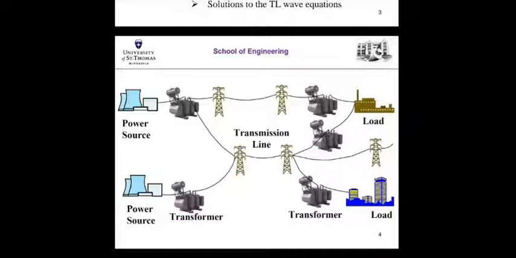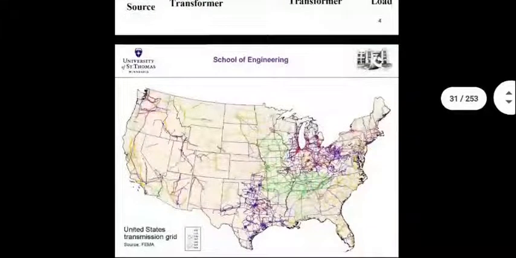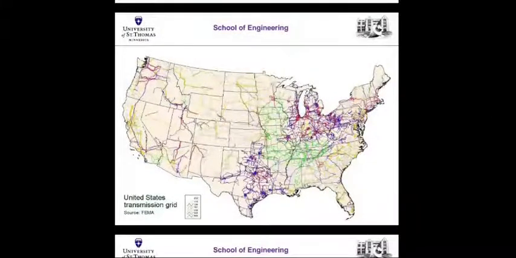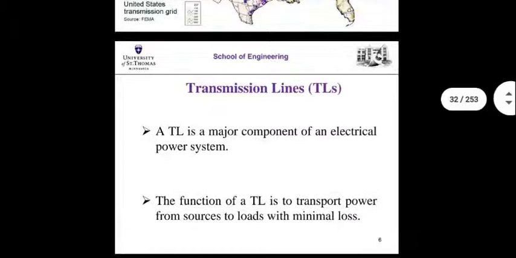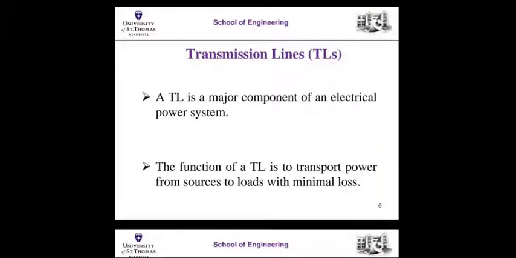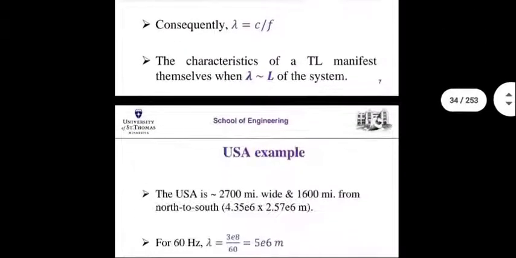India is full of power systems applying energy to each one of us. Okay, this is of course US, but similar story applies to this country also. Transmission line is a major component, we know that. Transports power, we know all that. Okay, let's not worry.